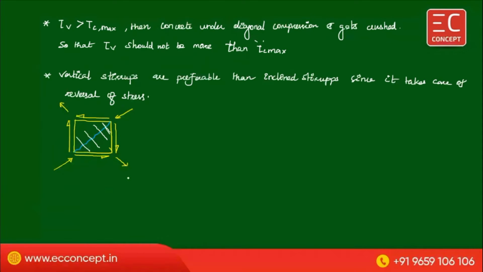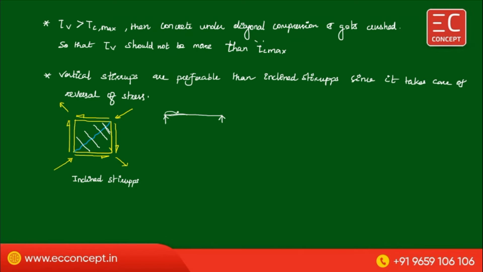Okay, let me explain that. This is the inclined stirrups. Because of the reversal stress. For example, there was a beam that you designed for a simply supported case.